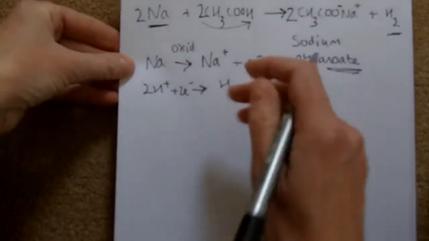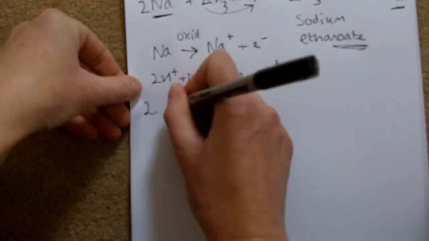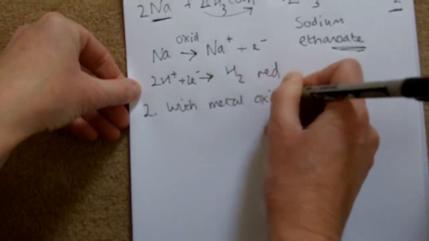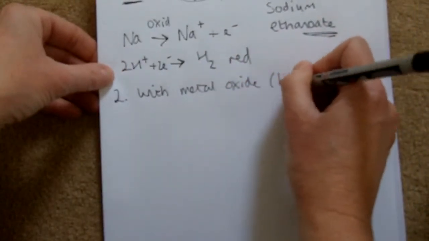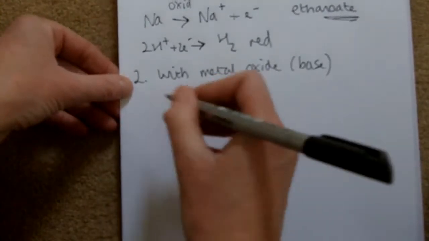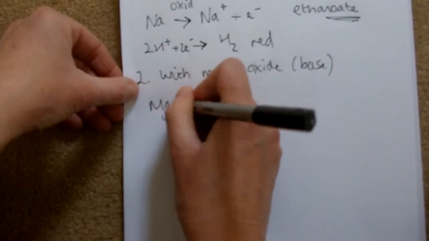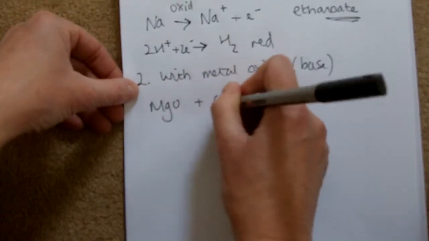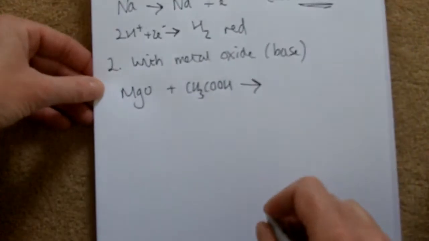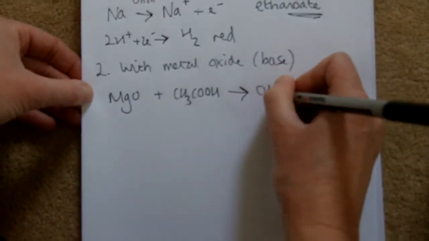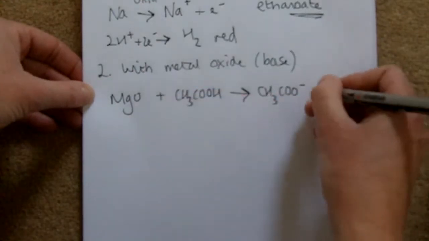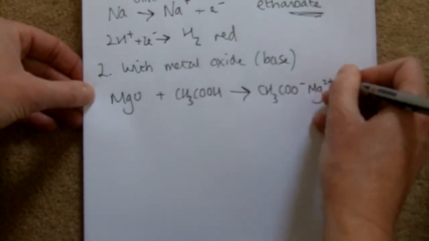So this is carboxylic acid with metals. Also, carboxylic acids react with metal oxides, with bases. A metal oxide is a base. So for example, let's take MgO, magnesium oxide. I'm just going to keep ethanoic acid, keep it simple. You've got to bear in mind that the carboxylate is 1 minus, whereas Mg is 2 plus.